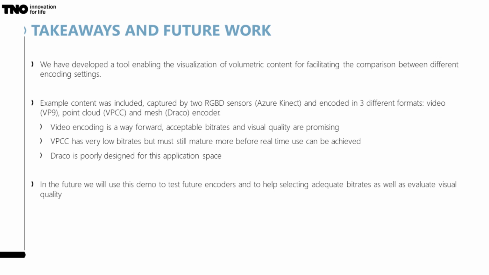VPCC has extremely low bit rates, but still has to mature, so that real-time use is a possibility. And we think that DRACO is poorly designed for real-time use for 3D representations. So in the future, we plan on using this tool to evaluate other encoders further and do subjective testing.